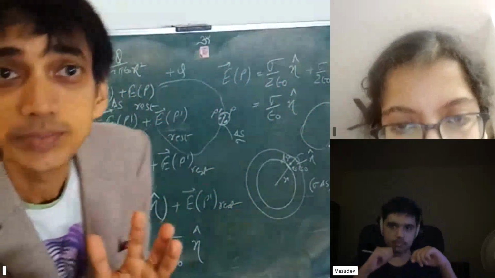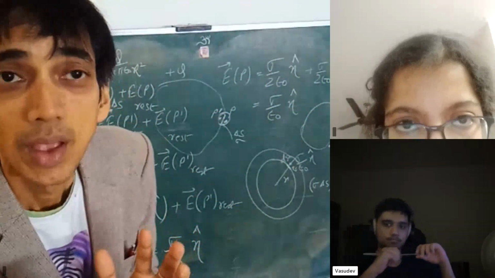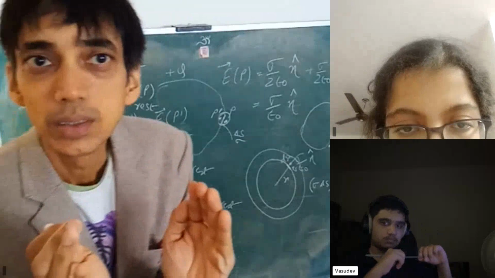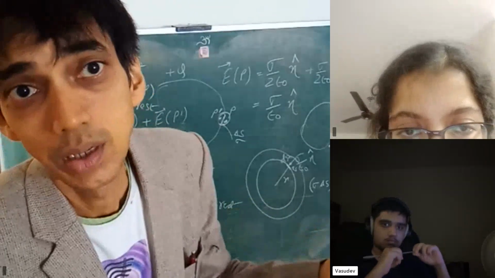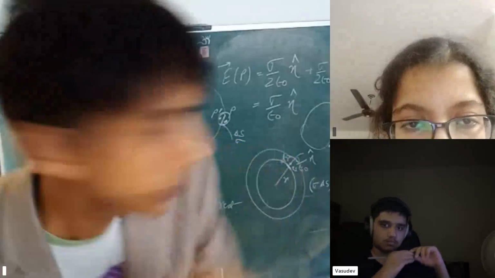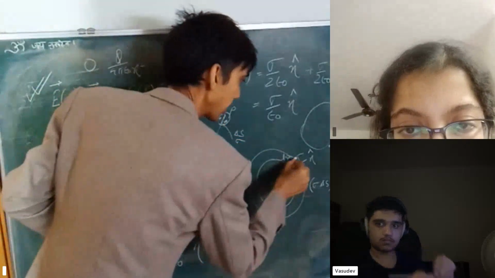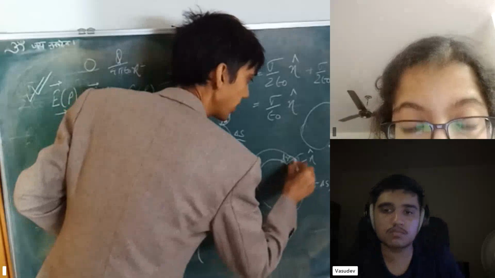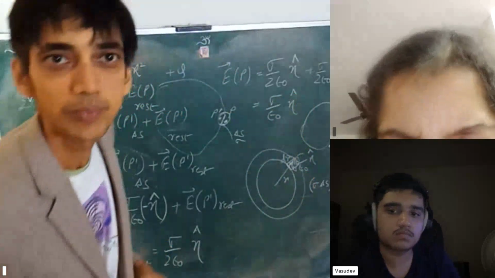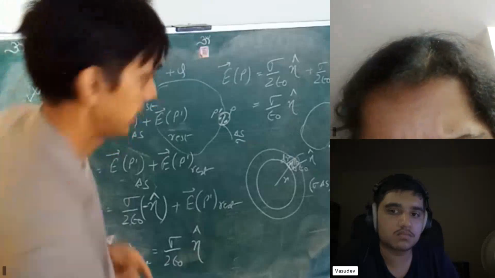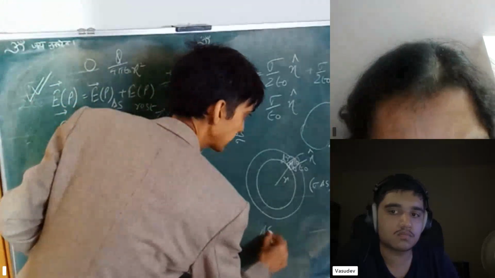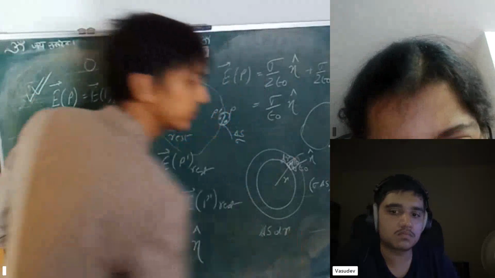This much work. This work, which amounts to energy, where is it stored? In that volume. Which volume? Look over here. This volume. What is this volume? Delta S into dr, right?